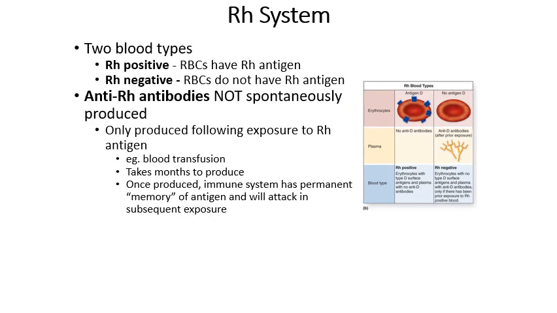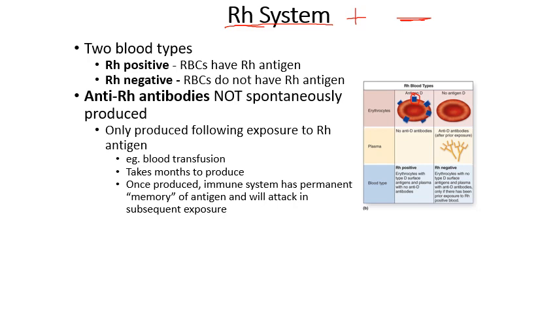The problem we have from the previous slide is called agglutination. We'll see this in the next slide. But first, let's touch on the Rh system. This is what gives you your positive or negative blood type. So you can be AB positive or AB negative, depending on whether you have the Rh or D antigen.